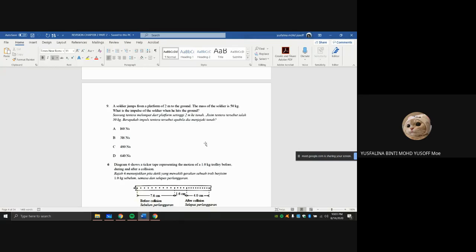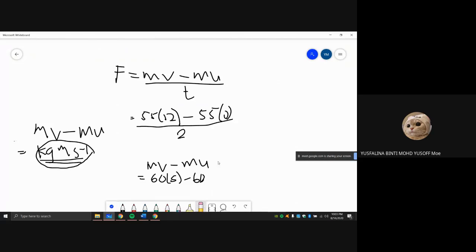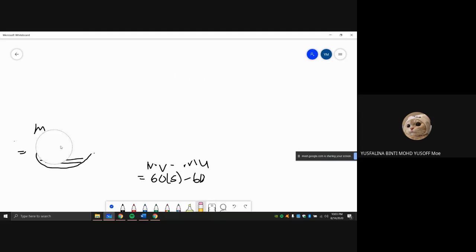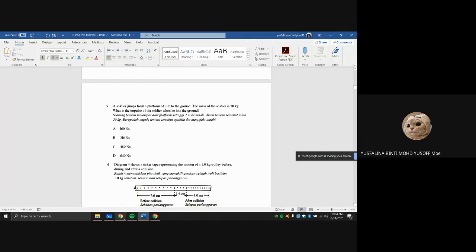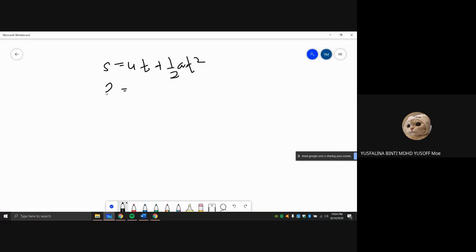S is equals to ut plus half at squared, right? Because when it jumps, it will fall under the gravitational acceleration. The S here is 2 meter. So we assume before it jumps, the initial velocity is 0.